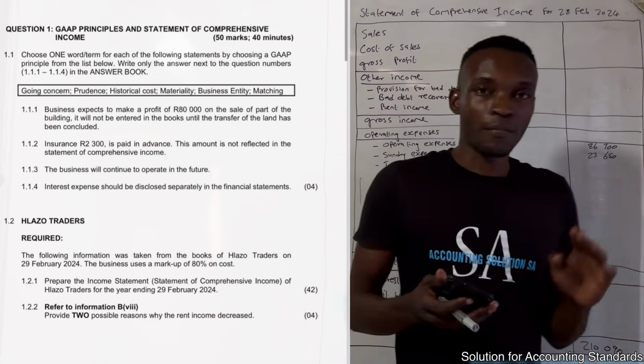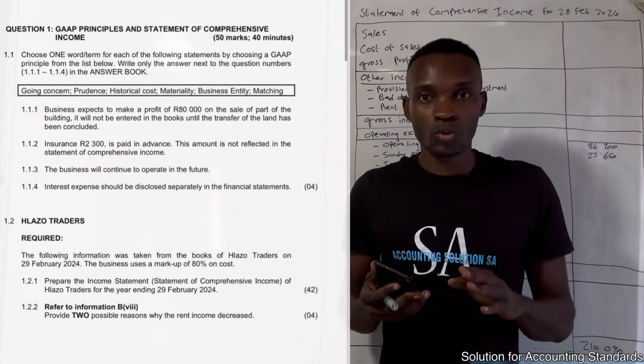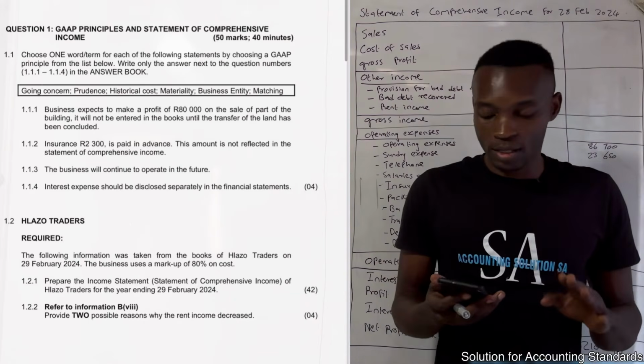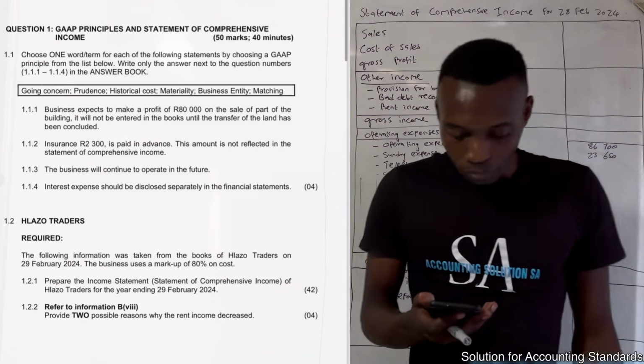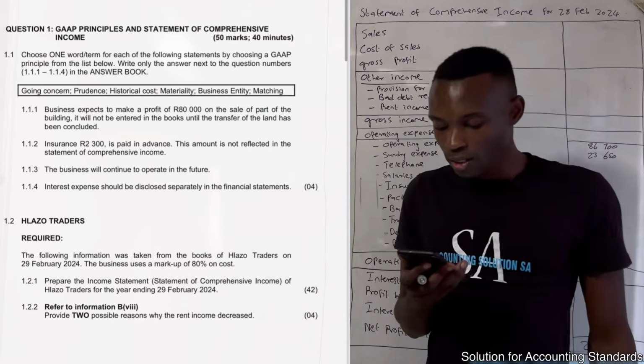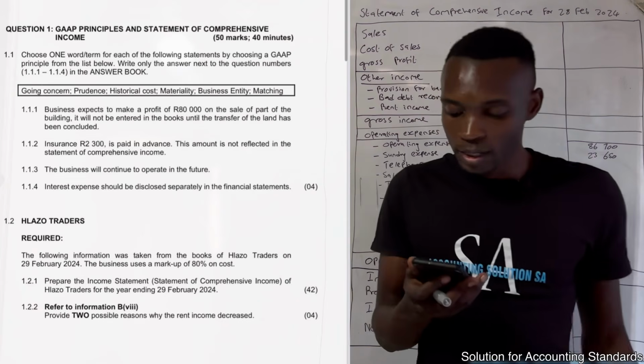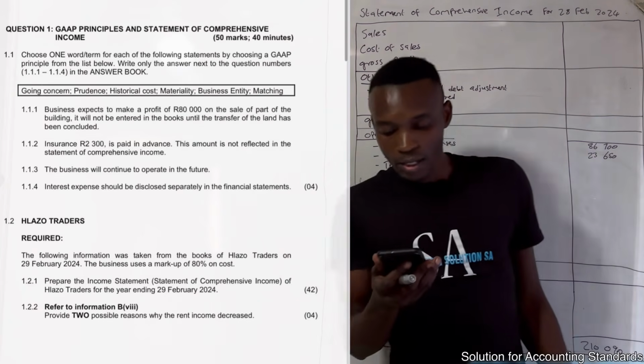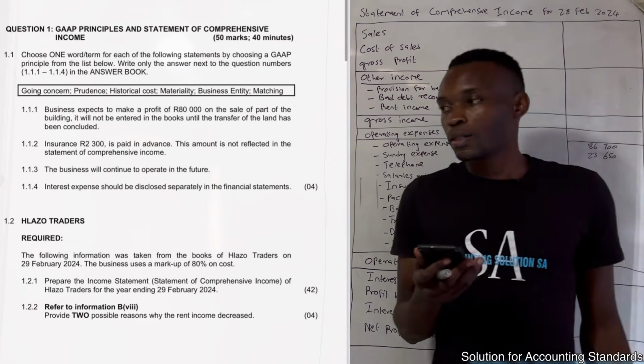There are some GAAP principles that I want to introduce to you so that it's going to be easy. We are given: going concern, prudence, historical cost, materiality, business entity, and the matching concept.